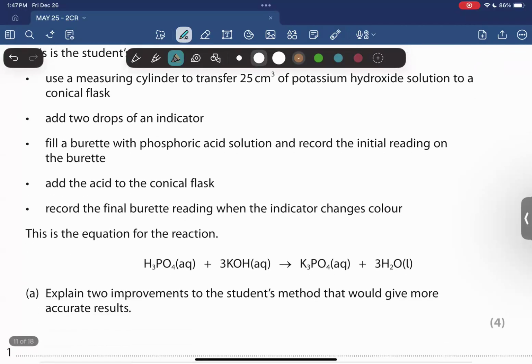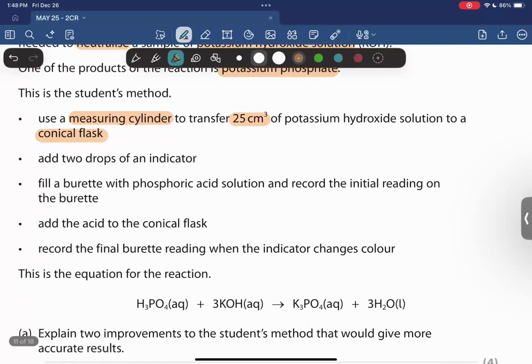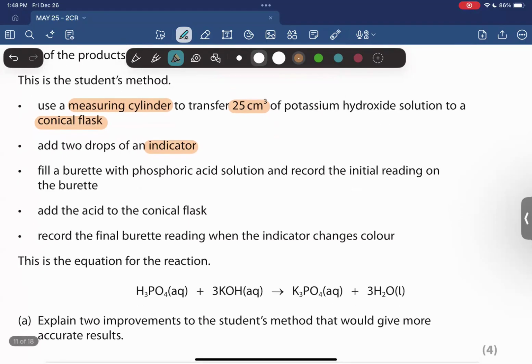The student's method is this: use a measuring cylinder to transfer 25 cm³ of potassium hydroxide solution to a conical flask, add 2 drops of an indicator. Now they haven't explicitly mentioned what indicator we should be using. Fill the burette with phosphoric acid and record the initial reading of the burette.